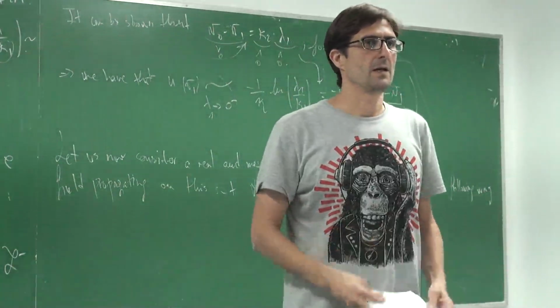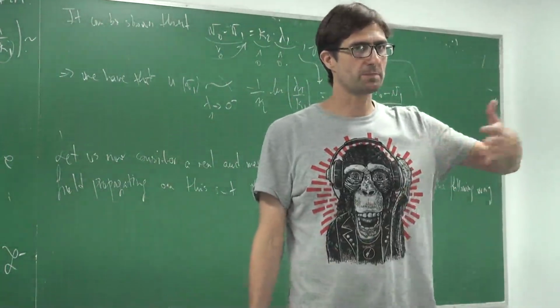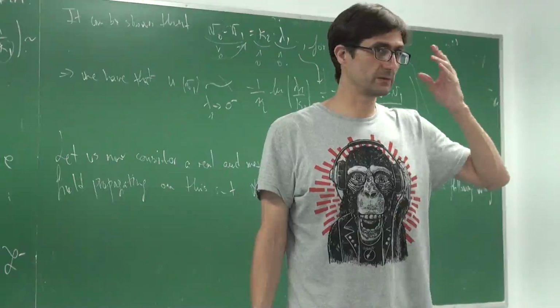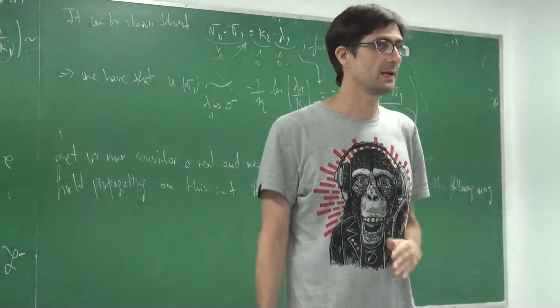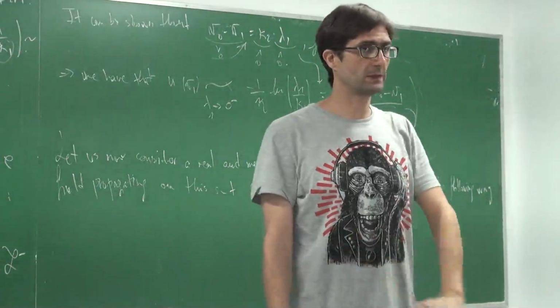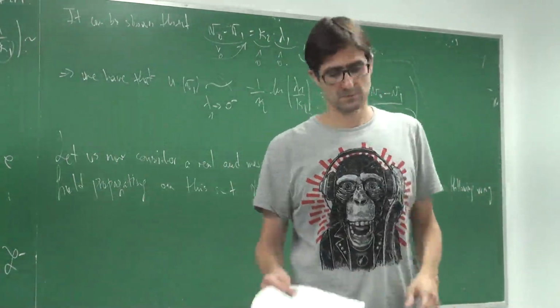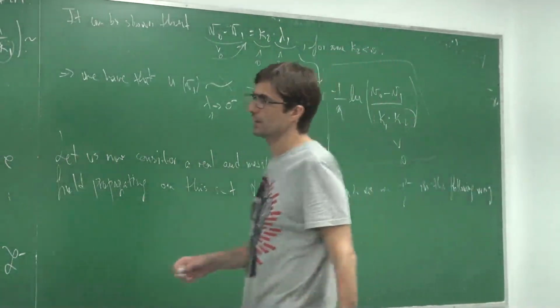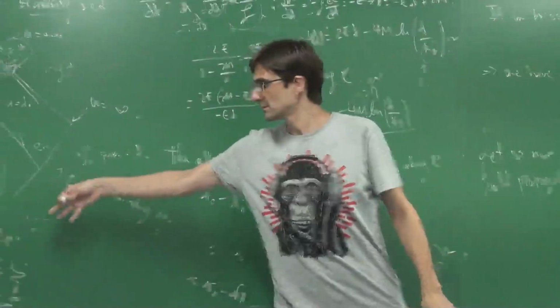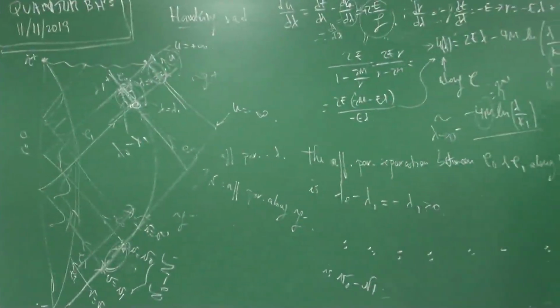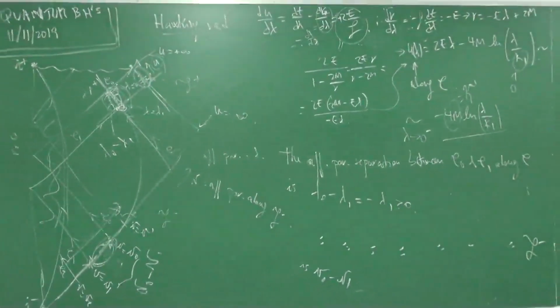Now, we assume that it's so dispersed at t equals minus infinity, at the early times, that it's just flat. That's why I'm drawing flat spacetime asymptotically.